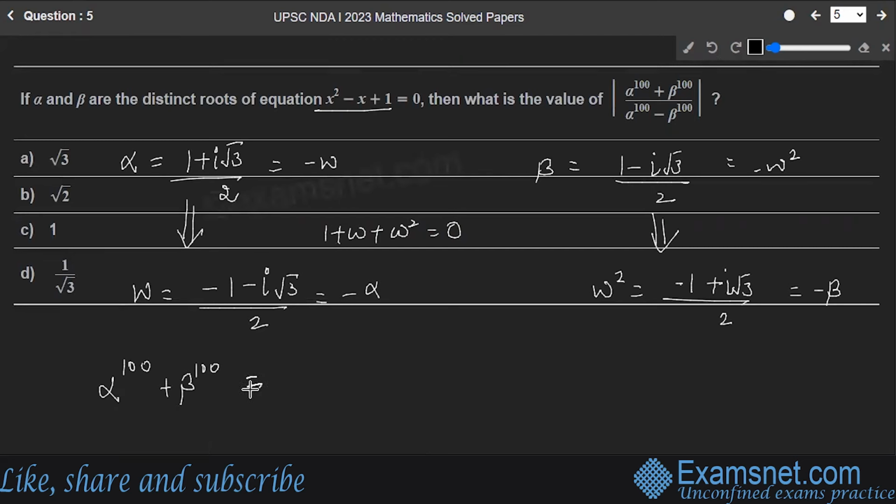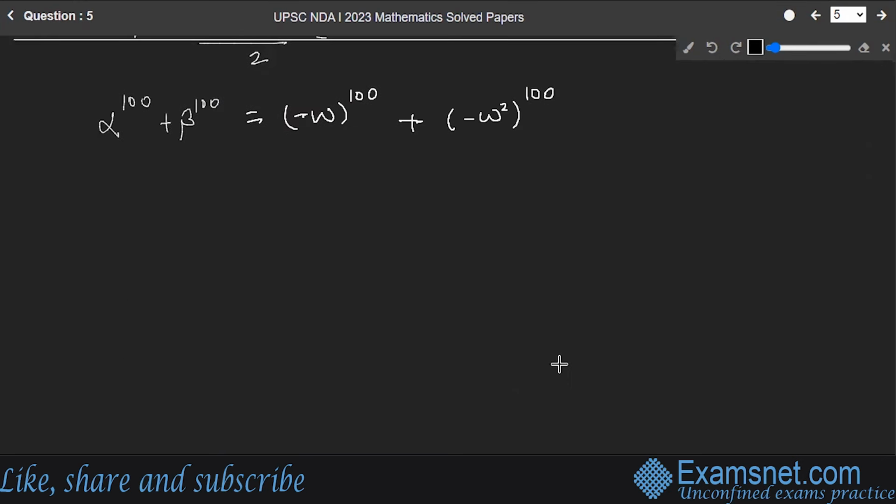Alpha is equal to minus omega raised to power 100 and beta is equal to minus omega square raised to power 100. So this can be written as omega raised to power, because the powers are even. So this will be omega raised to power 100 plus omega raised to power 200.